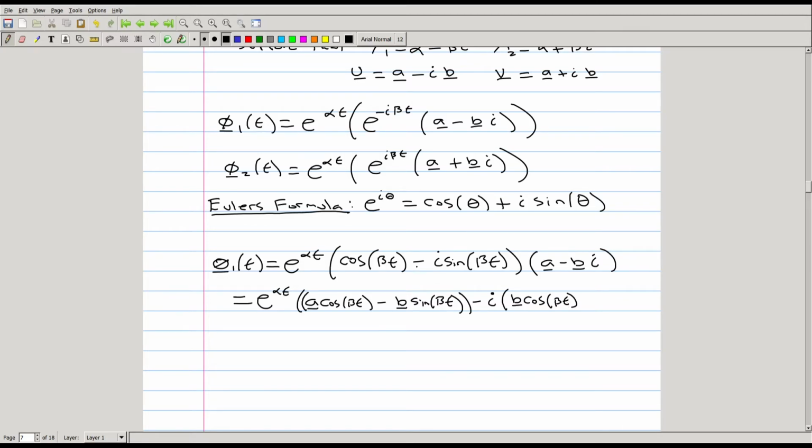And then you also get negative I sine of beta t times a. This is a times sine of beta t. And this entire thing is in parentheses. This is all being multiplied by that e to the alpha t from before.